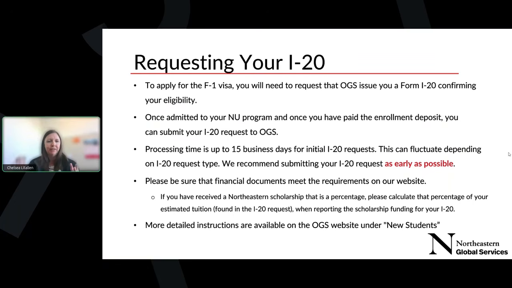You won't necessarily have a dollar number on the letter. You will find a lot more detailed instructions on the OGS website in that new student section. There we go, 3 mentions of referring you to the website for lots more detailed guidance, especially regarding which types of financial documents are acceptable and which ones are not.